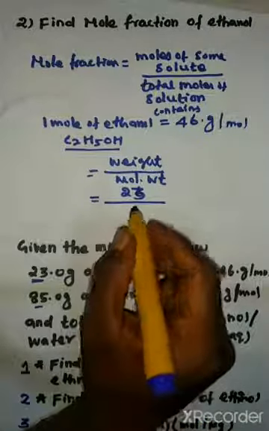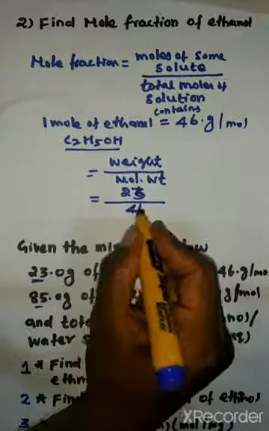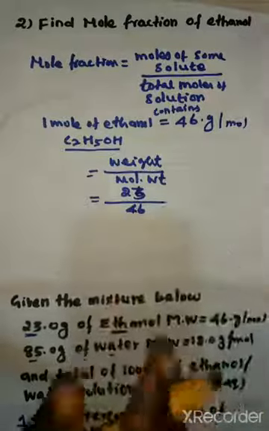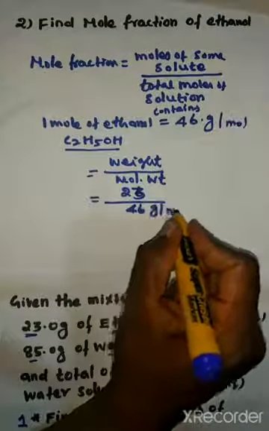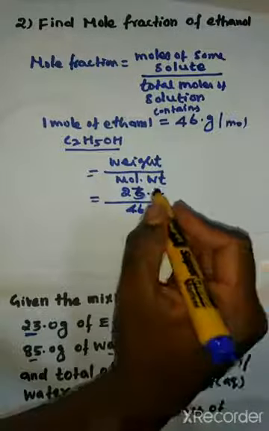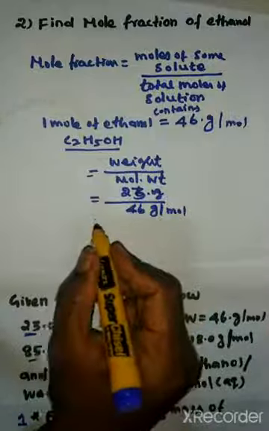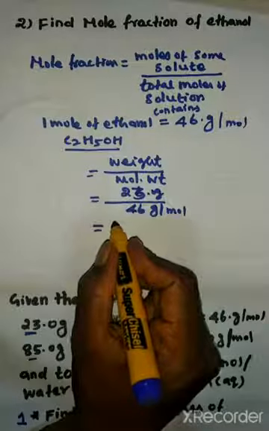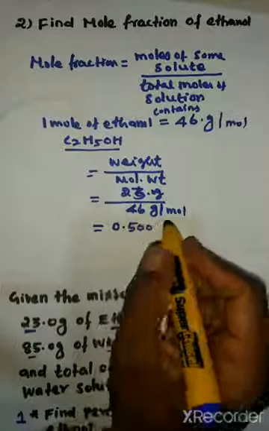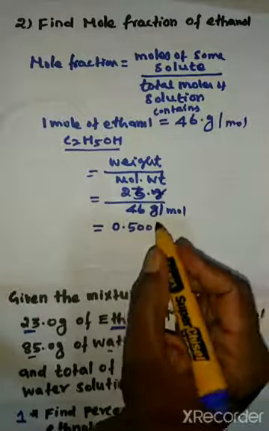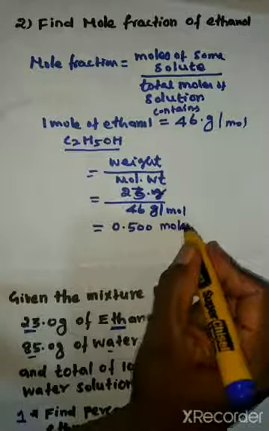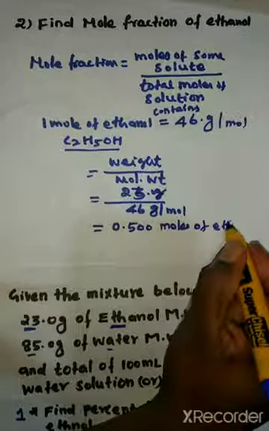So 46 gram per mole and 23 gram. If we solve this, we will get the value 0.500. Gram is cancelling, getting moles of ethanol.